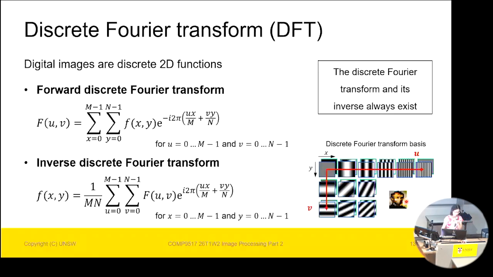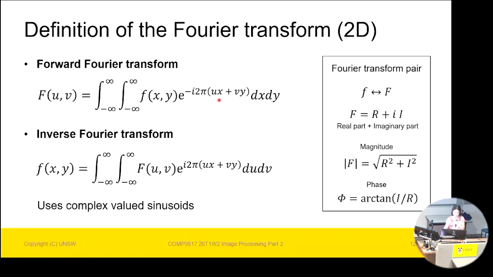Okay, so now we really talk about images. So extending from 2D now to the discrete representation. In this discrete representation, we still have f and the big F, x, y, u, v, those are the same. The e term looks very similar to this.